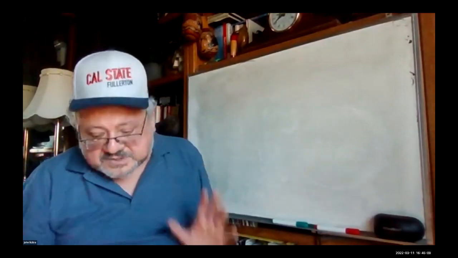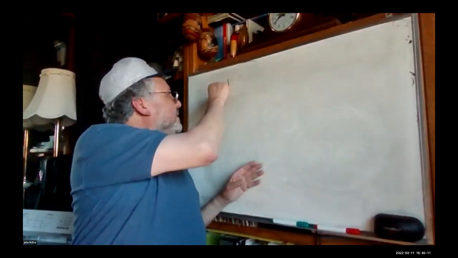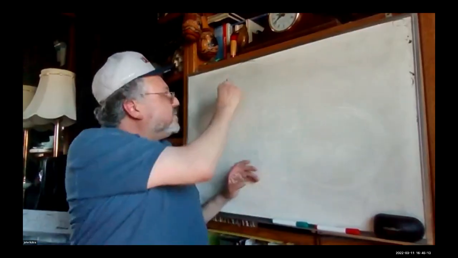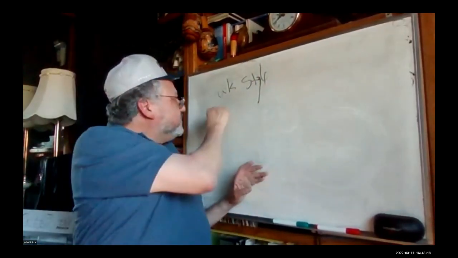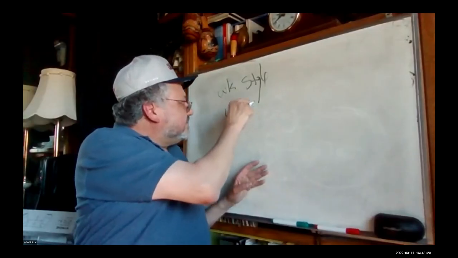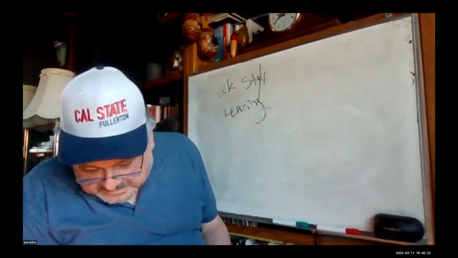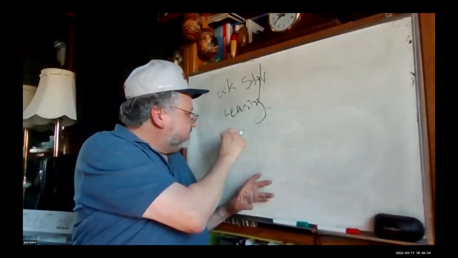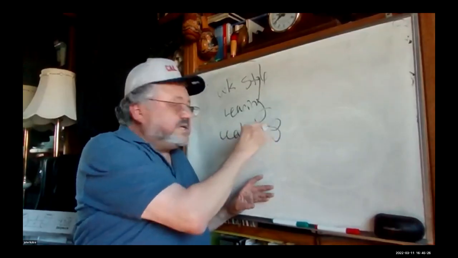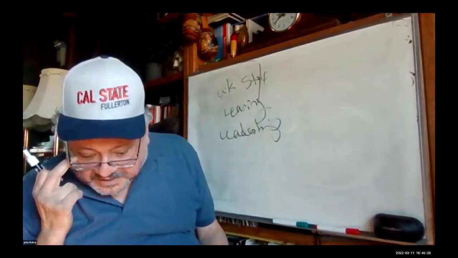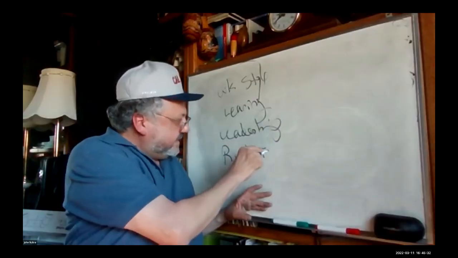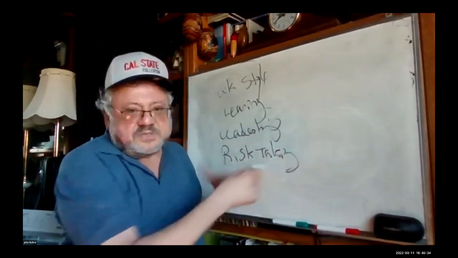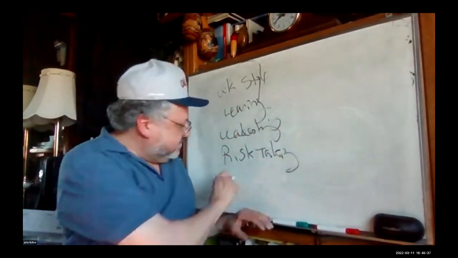If you look at the personal style scales, they're divided between work style, learning, leadership, risk taking, and team orientation. Again, all this information is going to be in your packet when you get it, if you don't already have it.